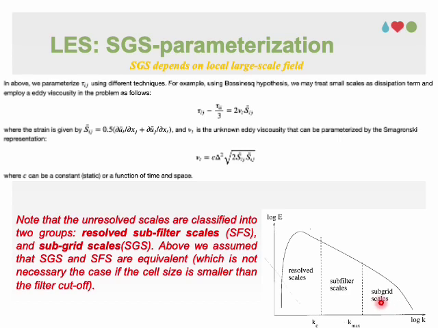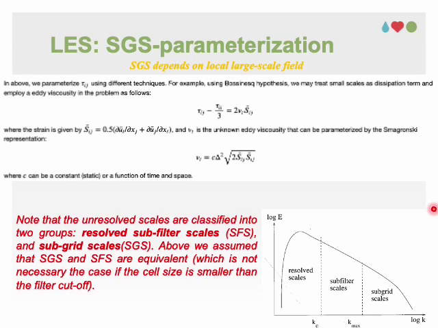However, when using implicit filters, only subgrid scales are introduced here, besides resolved scales. Briefly, subfilter scales are resolvable scales below the filter width and cutoff wave number Kc, as shown in this figure. In the literature, this stress is sometimes called the resolved subfilter scale.